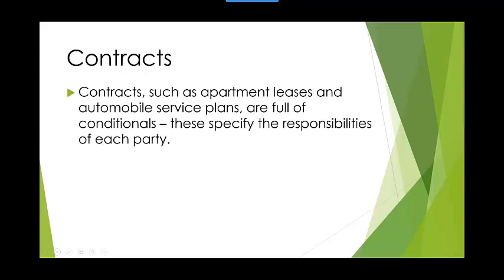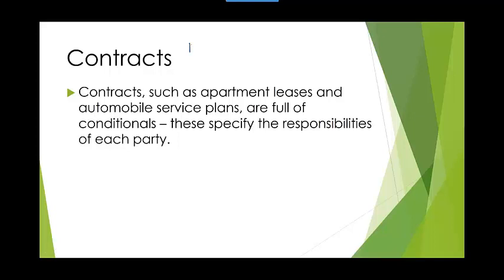So now let's look at some contracts. So contracts such as apartment leases, automobile service plans, things like that. I'm sure you can think of many others. They are full of conditionals all over the place, and the conditionals basically specify what each party is responsible for.